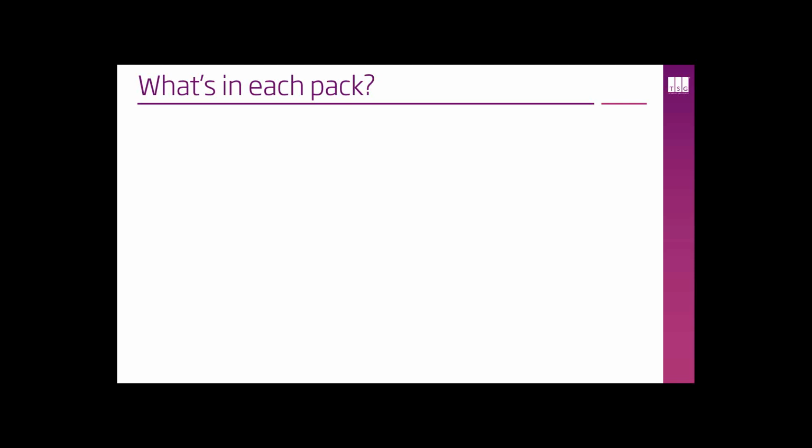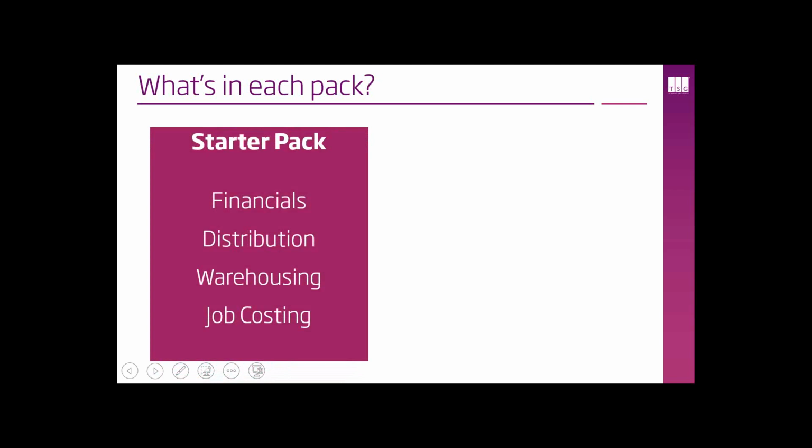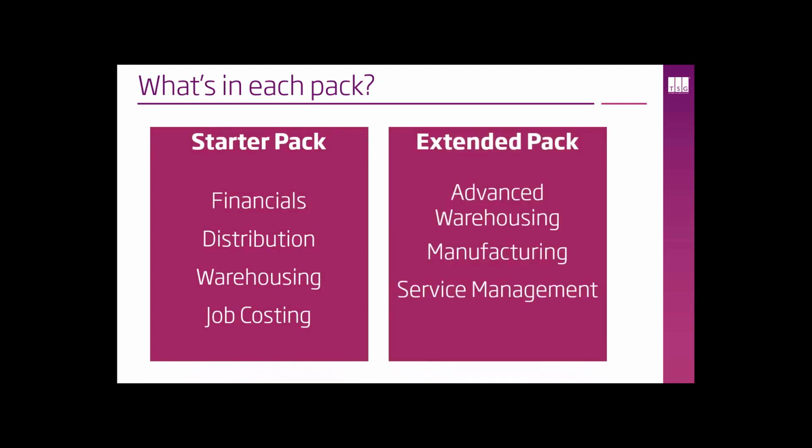And basically what Microsoft have done now is when you exclude the development granules, there are only two ways of buying the product. You can buy a starter pack, which includes financials, distribution, warehousing and job costing, and you can buy an extended pack which adds on top of the starter pack and gives you advanced warehousing functionality, manufacturing and service management.